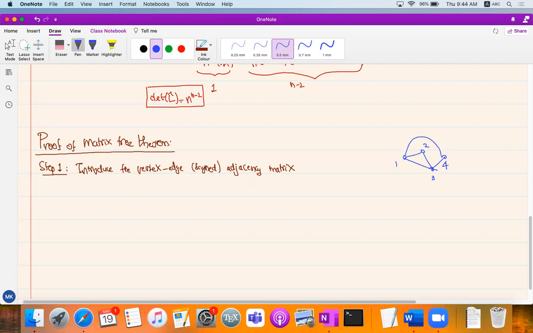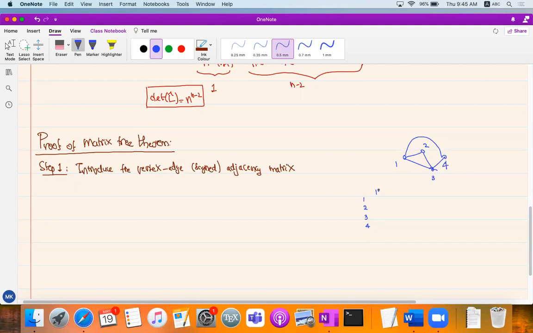Adjacency matrix had rows indexed by vertices, columns indexed by vertices, and we would put a 1 if there is an edge between two vertices. Here, you index the rows by vertices. Let me show you in the example first. So you put the vertices down here and write down all the edges.